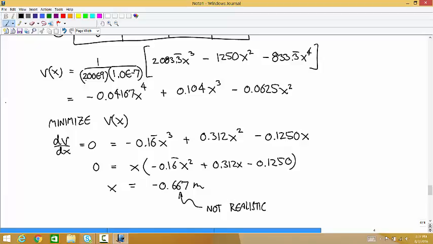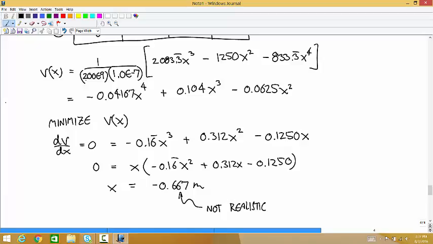The 2 roots of the quadratic factor are just going to be 2 candidates for maxes or mins. They're going to be critical points. And then the third root is x equals 0.